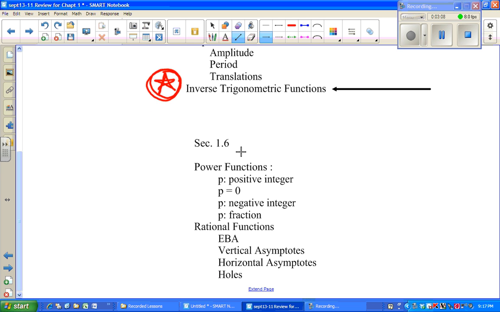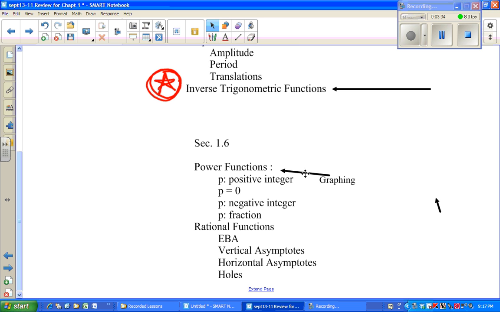In Section 1.6, power functions. Again, most of this is not something that you really need to be aware of, because you have your graphing calculator, which will take care of most of your questions related to this.